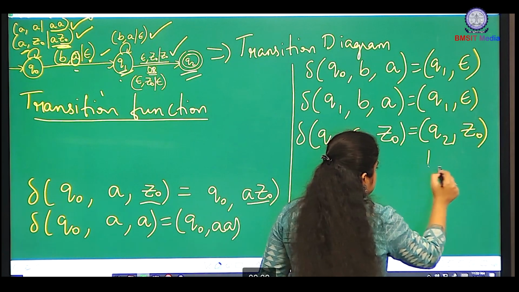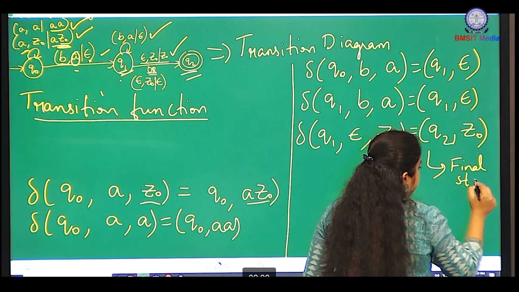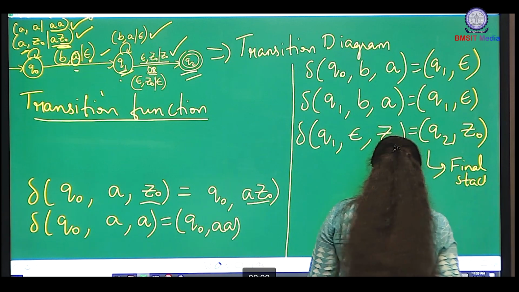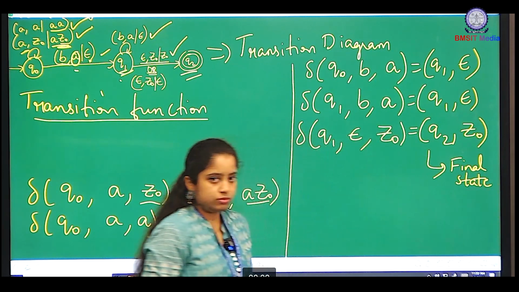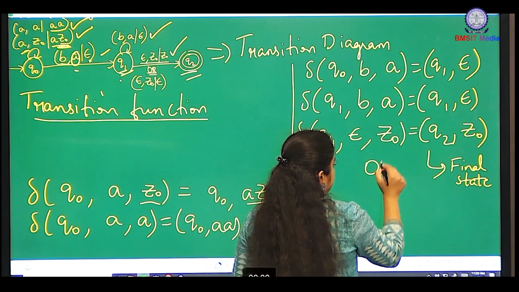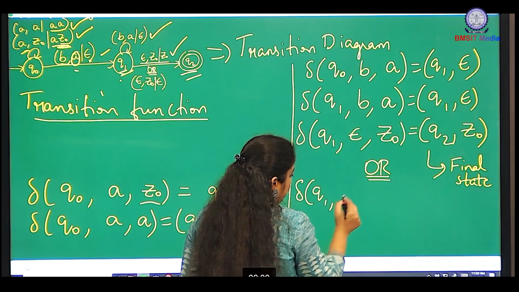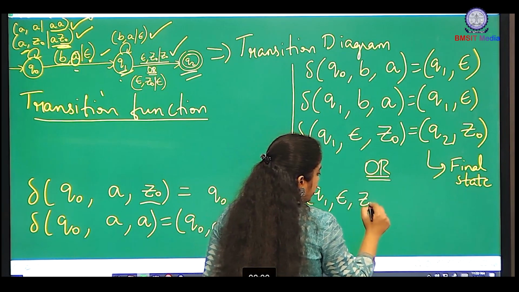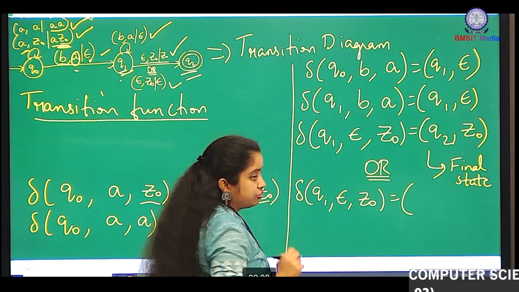That is known as the final state method, accepting by final state method. Or else you can even write it as delta Q1 upon epsilon and Z0. You can write this transition as well.